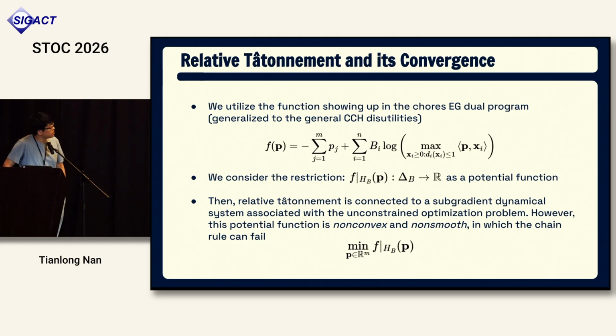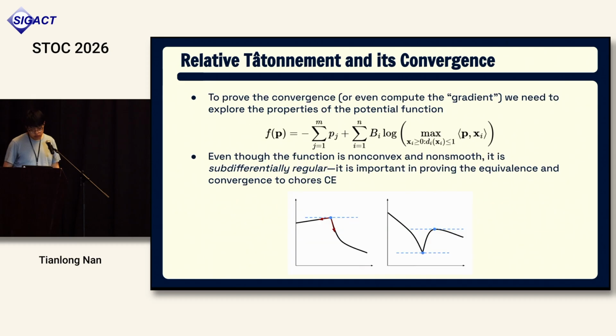Well, this potential function itself is still non-convex and non-smooth, and in that case the chain rule sometimes can even fail. So we still need some additional properties.